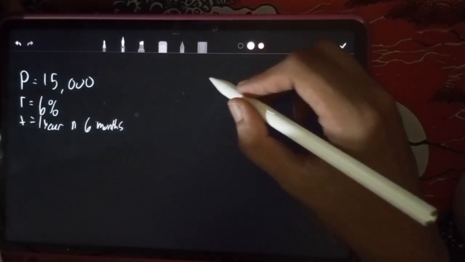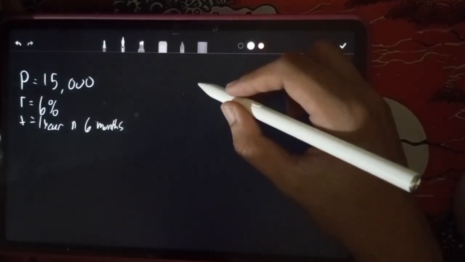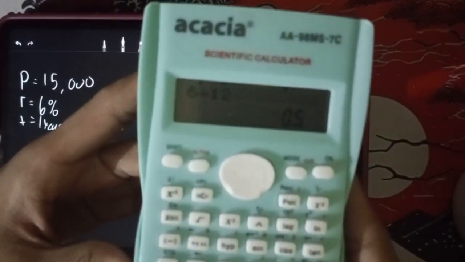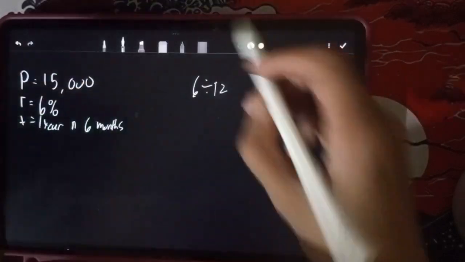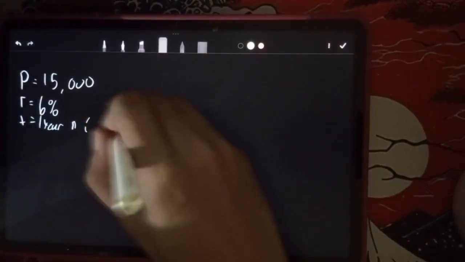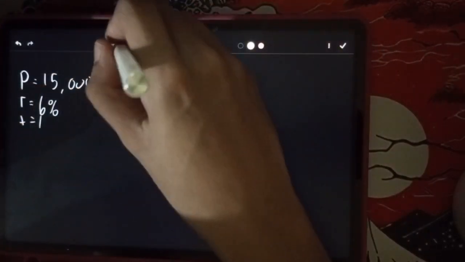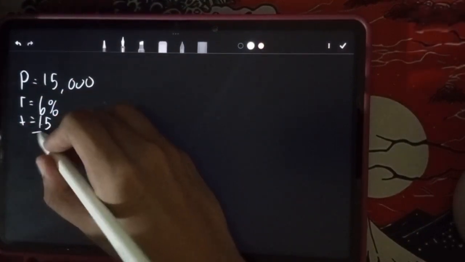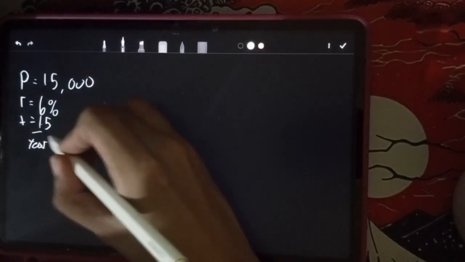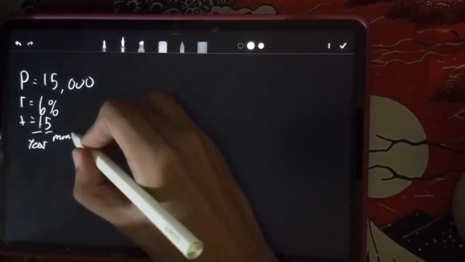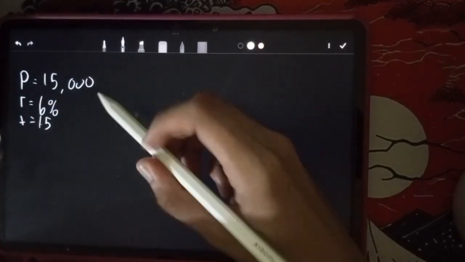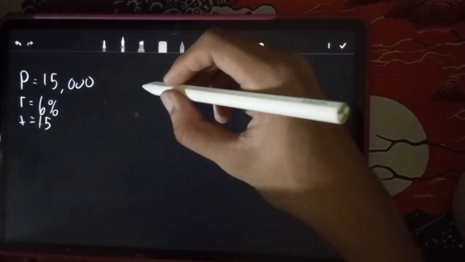This is actually 1.5 years. To get the decimal, we divide the 6 months by the 12 months of 1 year. Now it is 0.5, so our time is 1 year and 6 months, which is 1.5.